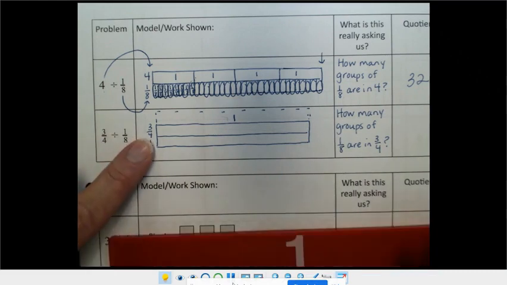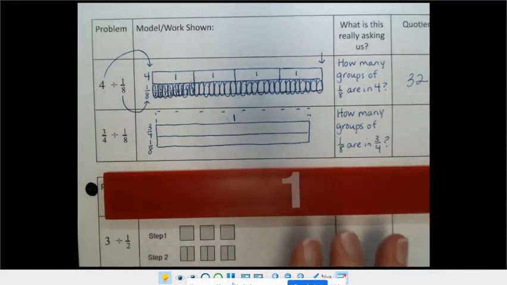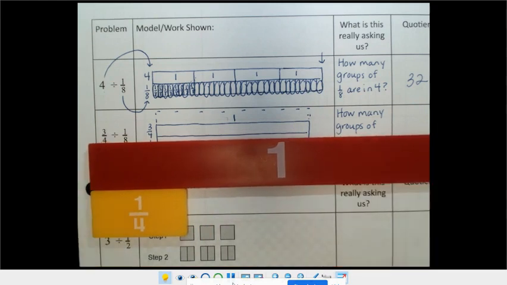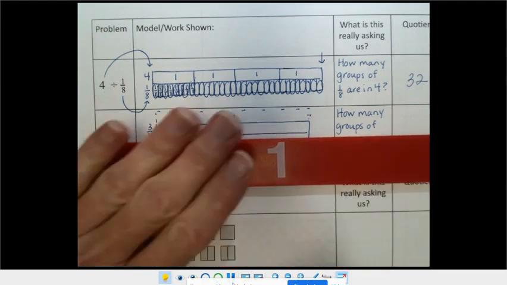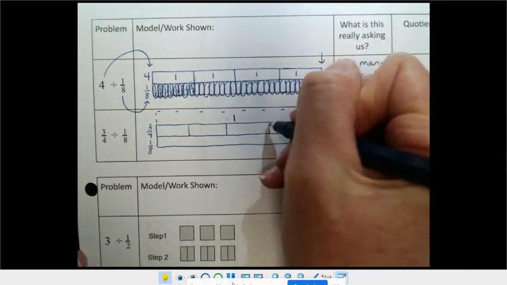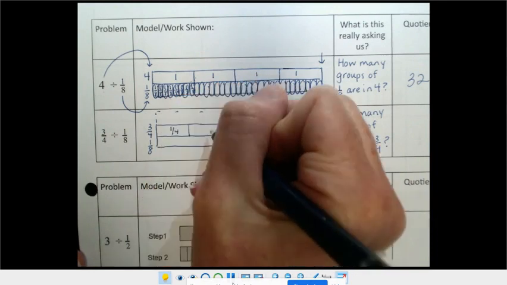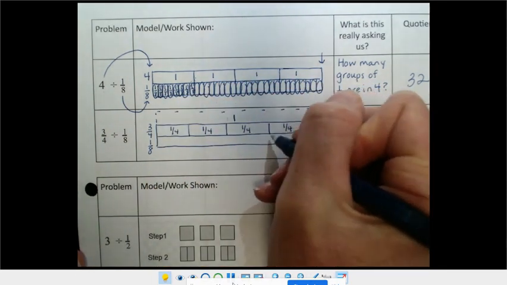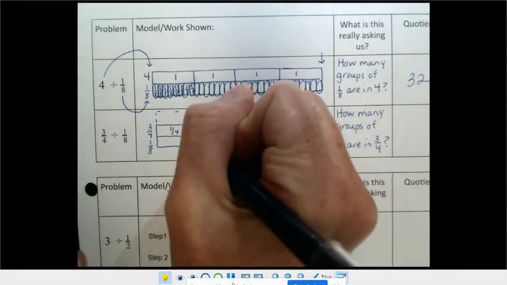So again, I'm looking at my 1, but now I'm looking at fourths. So I have to think about how many fourths fit into 1. Well, there are 4 fourths in one whole, so I'm going to break this into 4 parts. So this would be a fourth, 1/4, and 1/4. Bring my lines down.